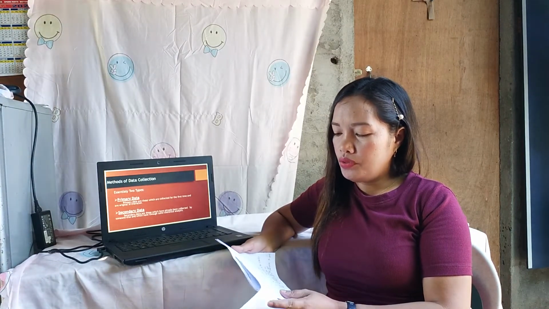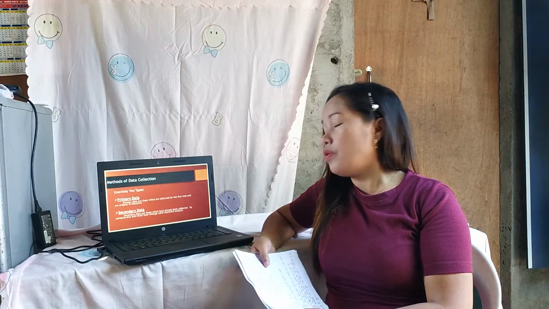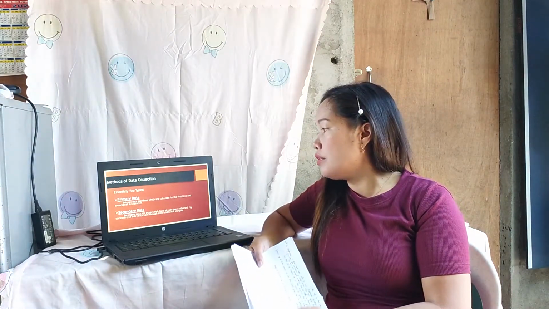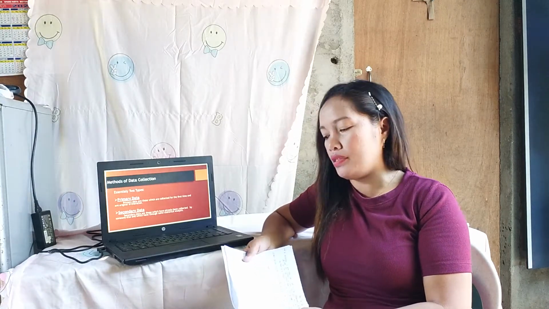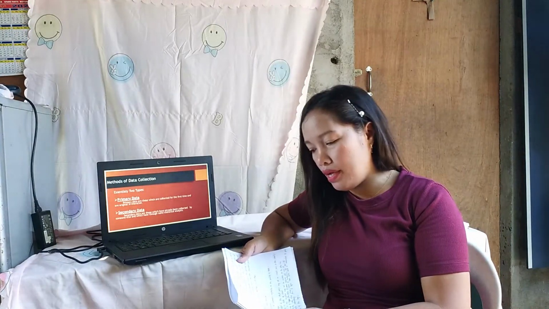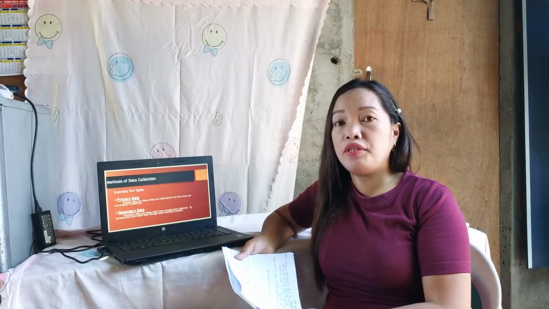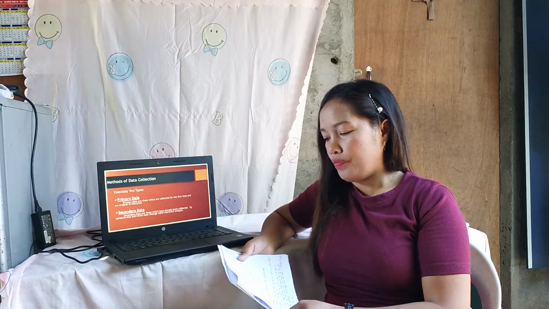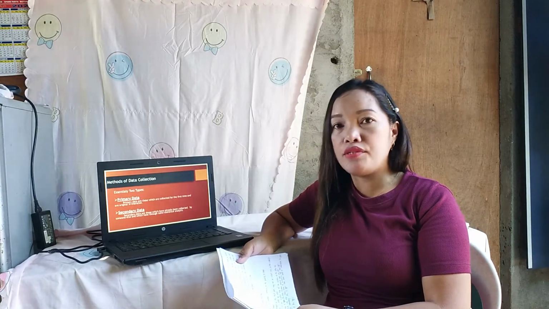So let's go to secondary data. A while ago, I already told you that secondary data are those which have already been collected by someone else. So it means that the data being collected has already been published. It is the data from previous studies and other sources.